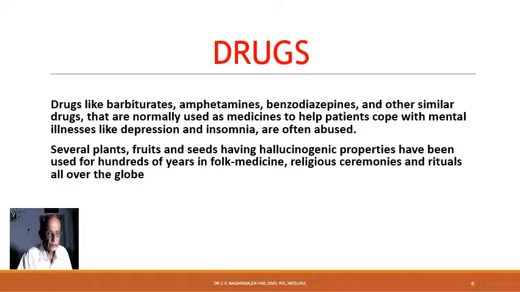Some of the drugs that are normally used as medicine are, for example, barbiturates, amphetamines, and diazepams, as they are called. Some of these are used as medicines.